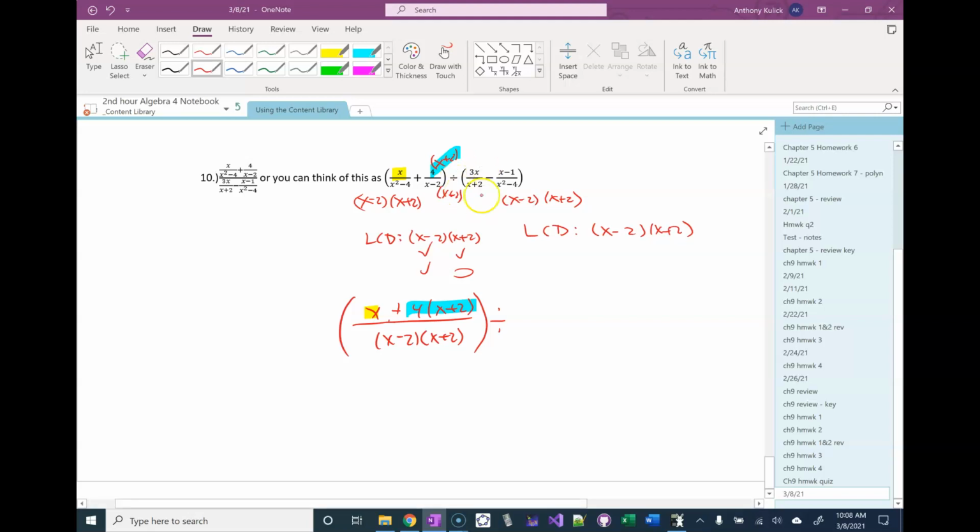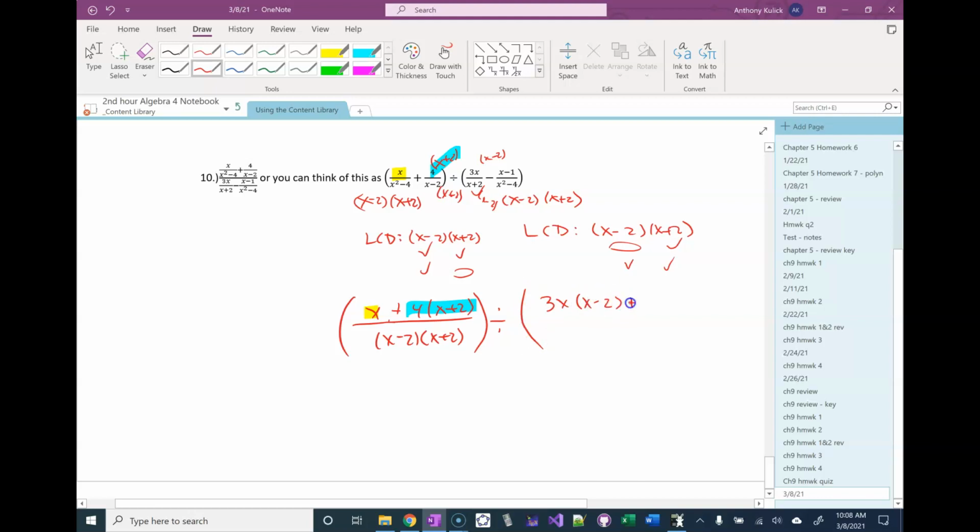And here's a place, again, where we have to be a little bit careful because of that subtraction symbol and make sure that we distribute our negative through. Is that okay, Elizabeth?